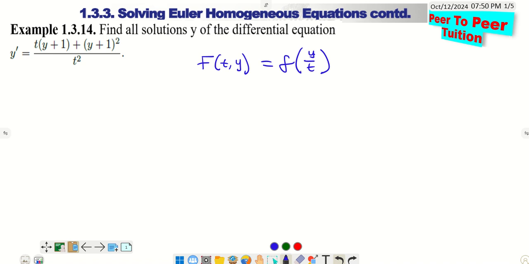Now, one property of Euler homogeneous equation is that the equation is invariant whenever y is transformed by some constant c and t is also transformed by another constant c.